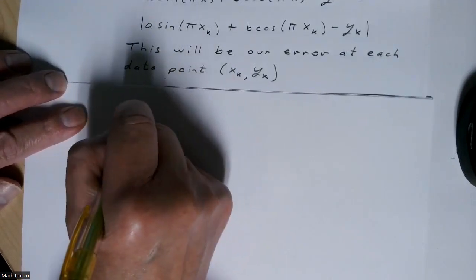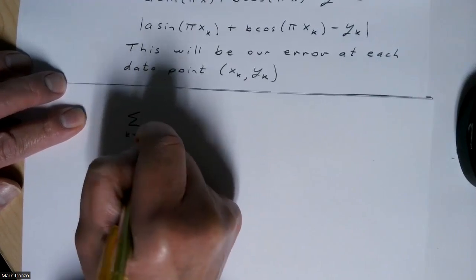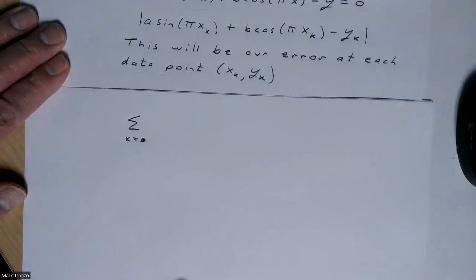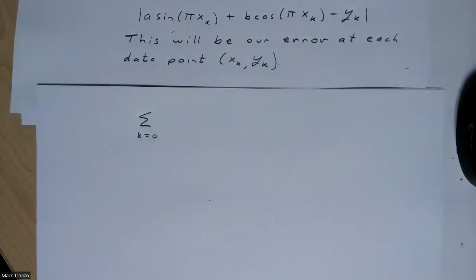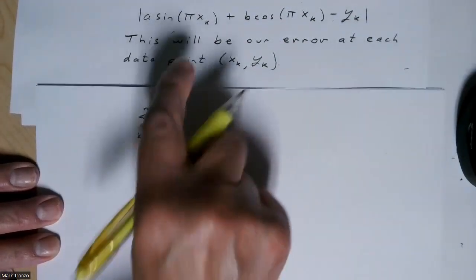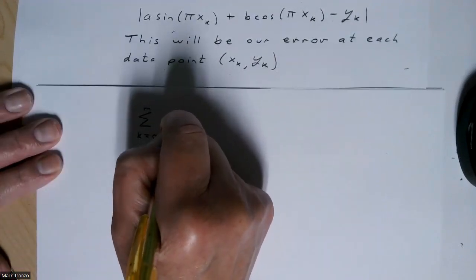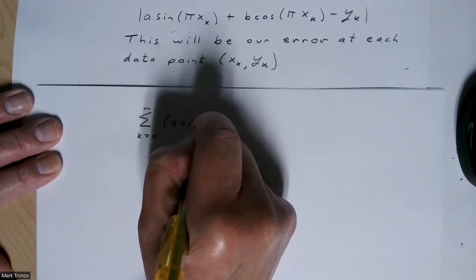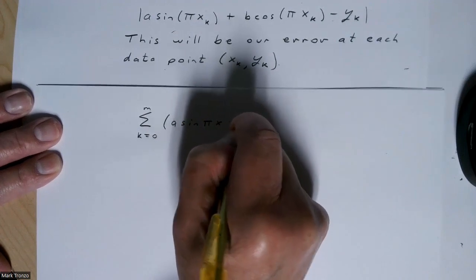Once again, instead of using the absolute value, we're going to use the square. And so we're going to want that sum, just like we did before, from k equals 0 up to m. We're going to sum all these errors up, but instead of using the absolute value, we're going to use the square of that function.